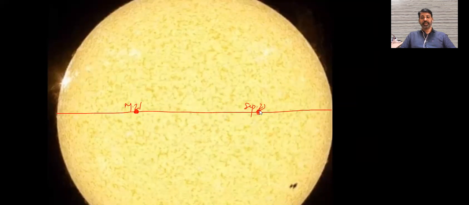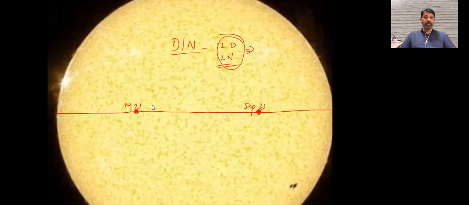Right now, the sun is available here. When direct sunlight is available here, throughout the earth you have equal hours of day and night. Keep it in your mind. That means 12 hours day and 12 hours night across the earth, everywhere. No difference at all.